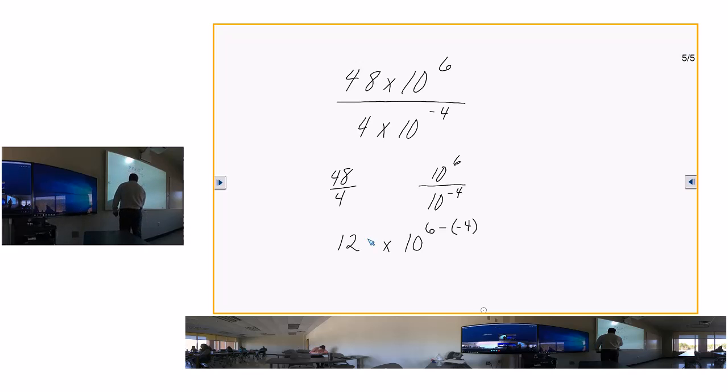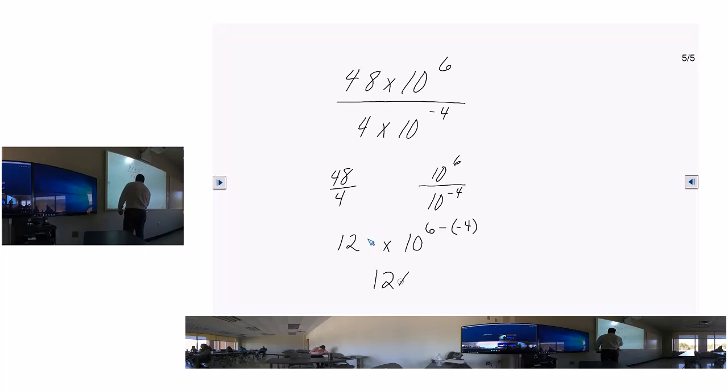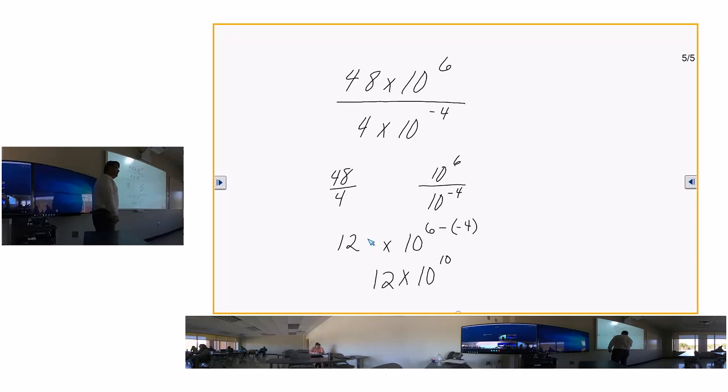And I get 12 times 10 to the what? 10th power. Because 6 plus 4 is 10. And that negative 1 is right here. What's negative 1 times negative 4? Positive 4. 6 plus 4 is 10.